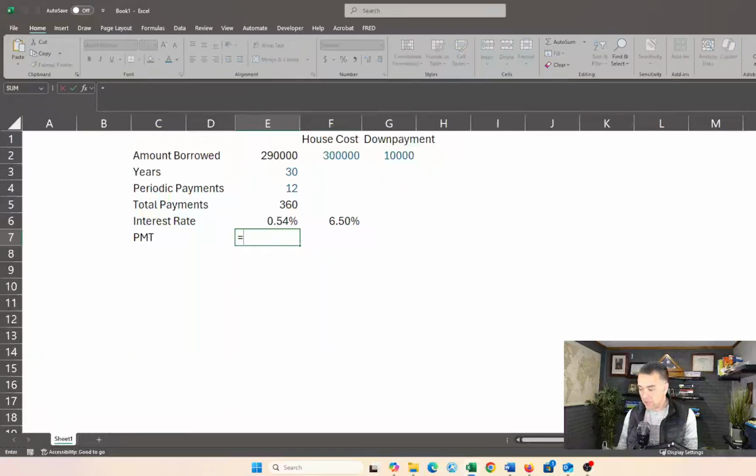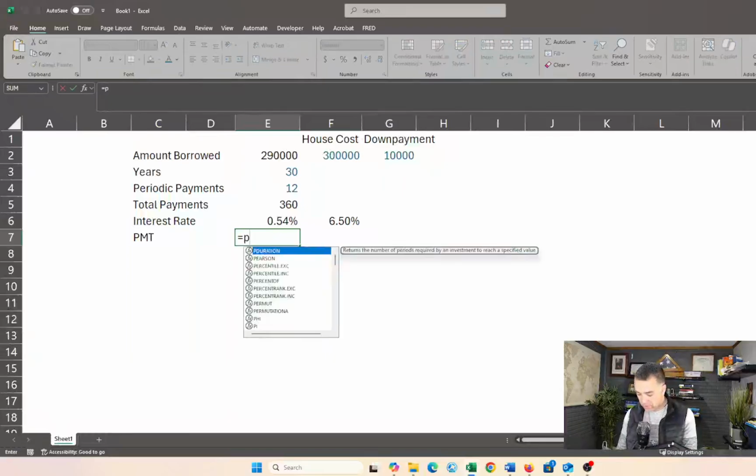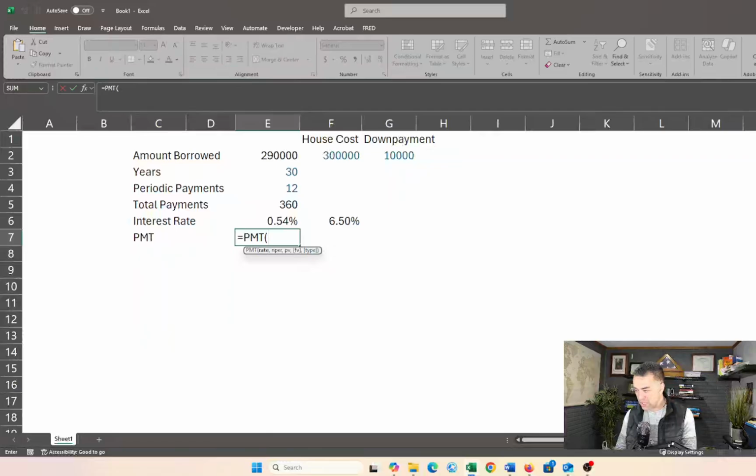So I'm going to say equals, and we're going to go into Excel and do the payment function. And the rate is the periodic interest rate, and I'm going to hit comma. I have to know the total number of payments. That's the 360. I have to know the present value. Okay, the present value is our loan, the amount borrowed.